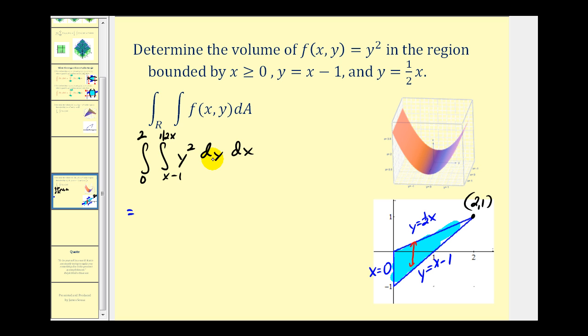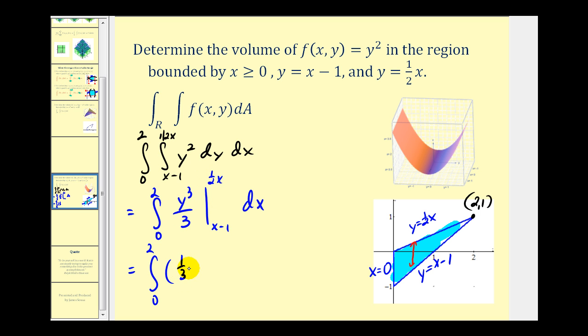And now we'll integrate with respect to y. That's just going to give us y to the third over 3. Now we'll replace y with 1/2 x. We'll have 1/3 times (1/2 x) cubed minus (x minus 1) to the third divided by 3.